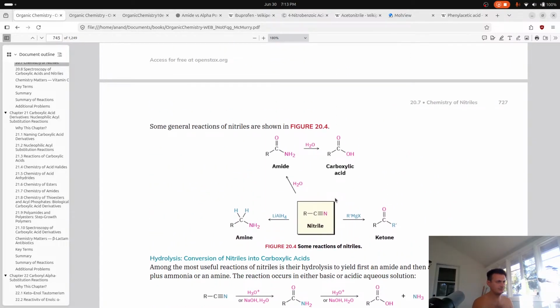Okay, so we can do paths in nitriles. We have a nitrile to a ketone by Grignard.